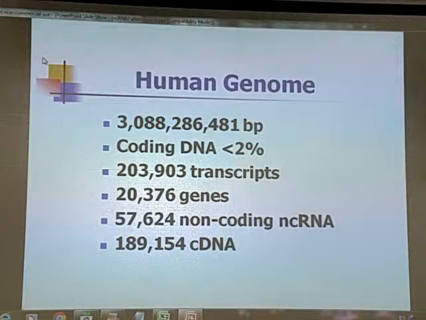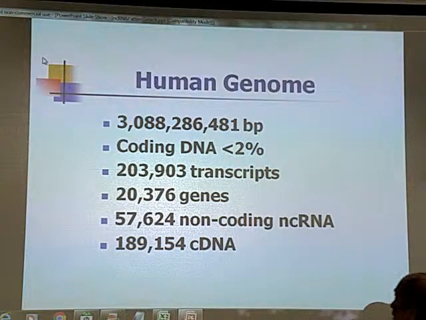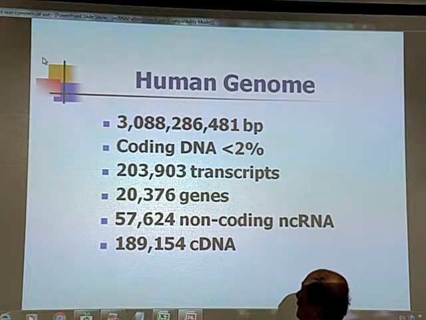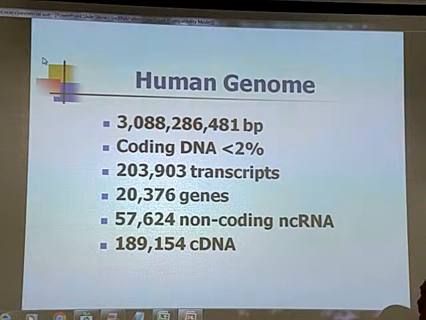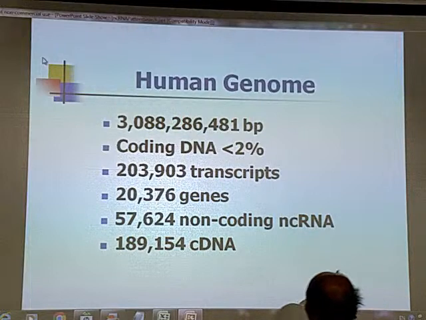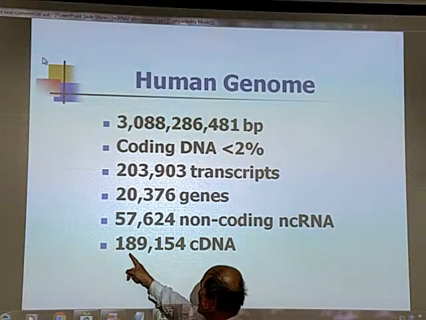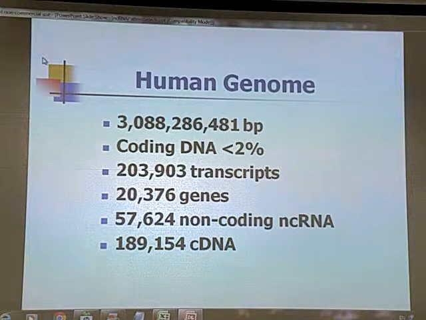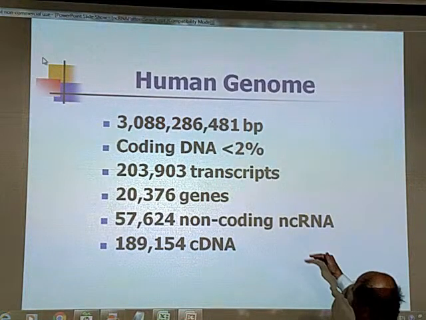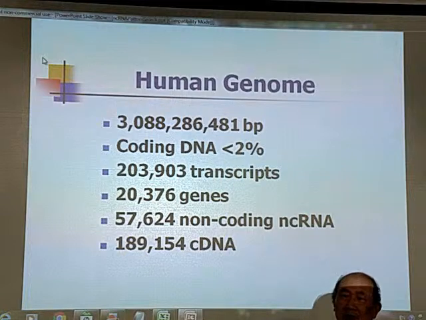for the protein coding genes, we have only identified 20,000, and they have 57,000 non-coding RNA. But over the years, they have found 189,000 cDNA. The cDNA is derived from the non-coding RNA.